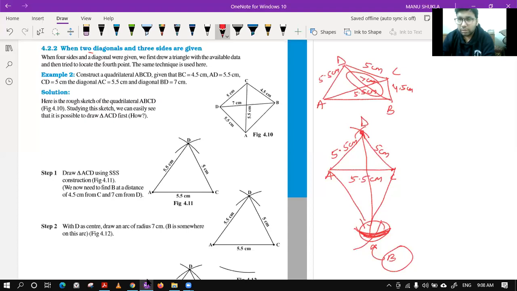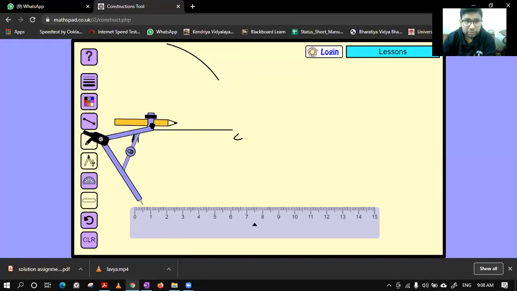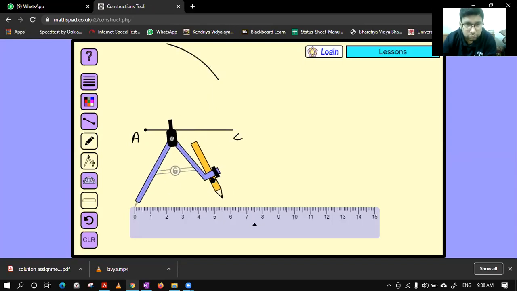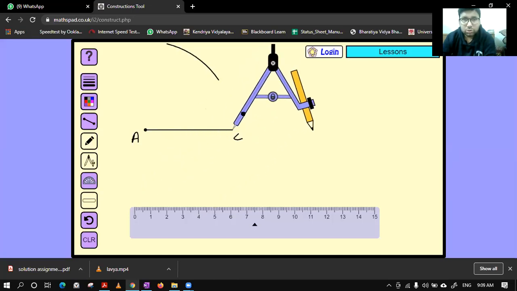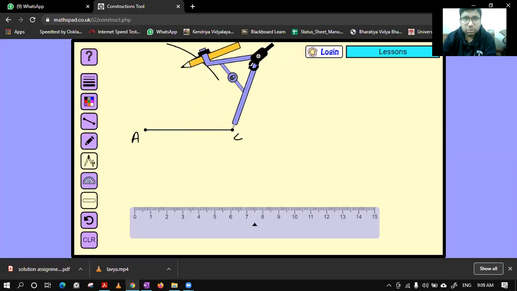Okay. The CD is 5 centimeter. So again, let's take an arc of 5 centimeter. So keeping on C, bringing it near CD. And just connect these two from A, the first, the second.